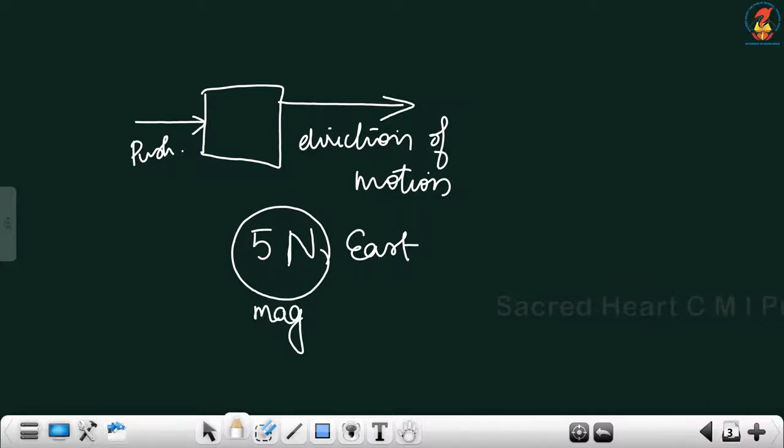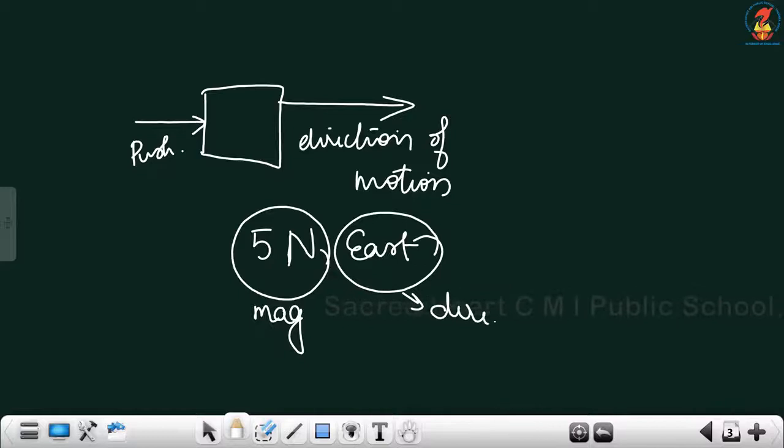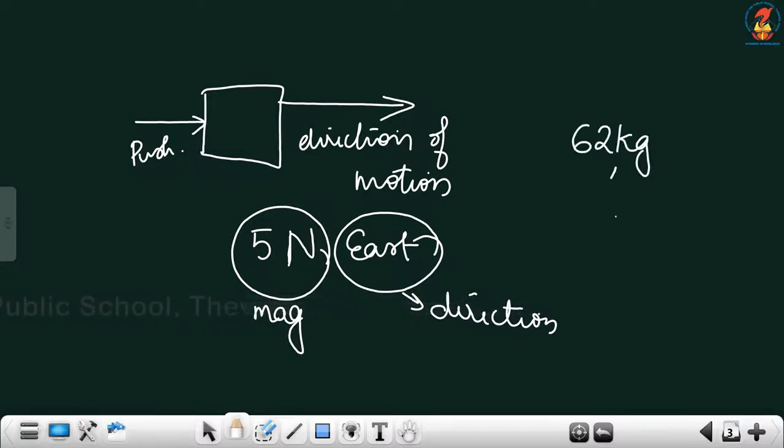A short form I write like this, and this one is a direction. Or I can say, my weight is 62 kg acting downwards.